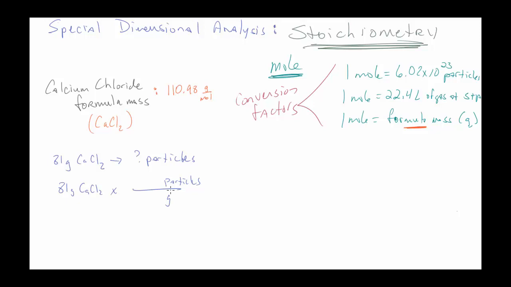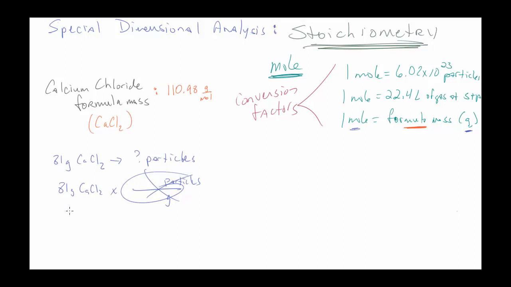So I go up here and I look. Grams is right here, but grams is only equal and equivalent to a mole. I can't actually use particles anywhere here. So formula mass is equal to a mole, and then particles is equal to a mole. So this I can't actually do because I don't have a conversion factor that relates those two values.